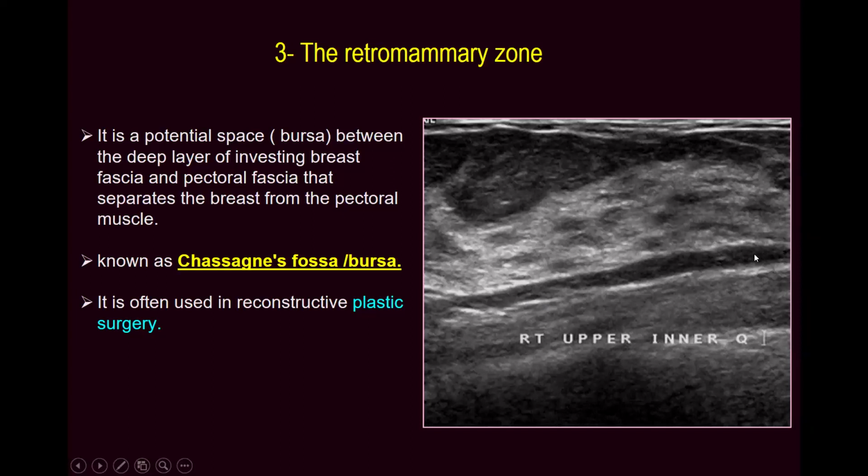So the fatty layer here is the retromammary zone. It is a potential space or a potential bursa, okay? And it's also known as Chassaignac's fossa or bursa, okay? And the plastic surgeons use it in reconstructive breast surgery, okay?